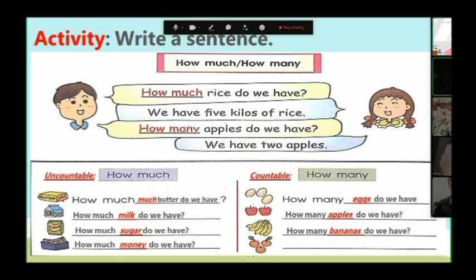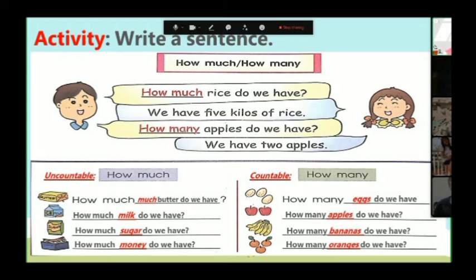Pronounce the S sound. Bananas. How many bananas do we have? Okay, next. How many oranges do we have?